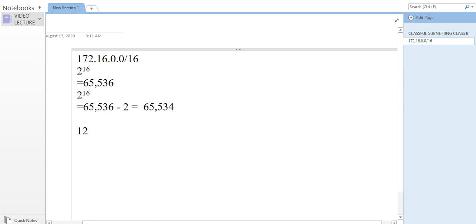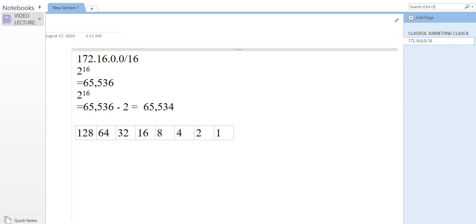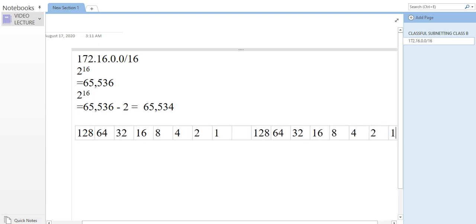So I'm going to put my bit values first: 128, 64, 32, 16, 8, 4, 2, and 1. I'm going to have this twice, so for the other octet also, again 128, 64, 32, 16, 8, 4, 2, and 1.